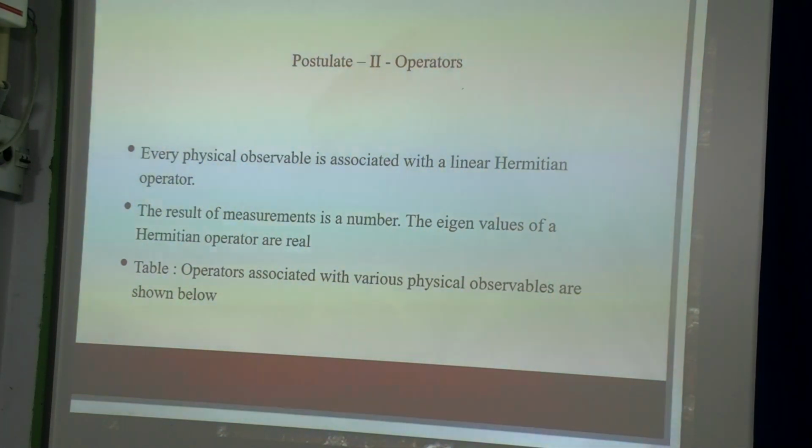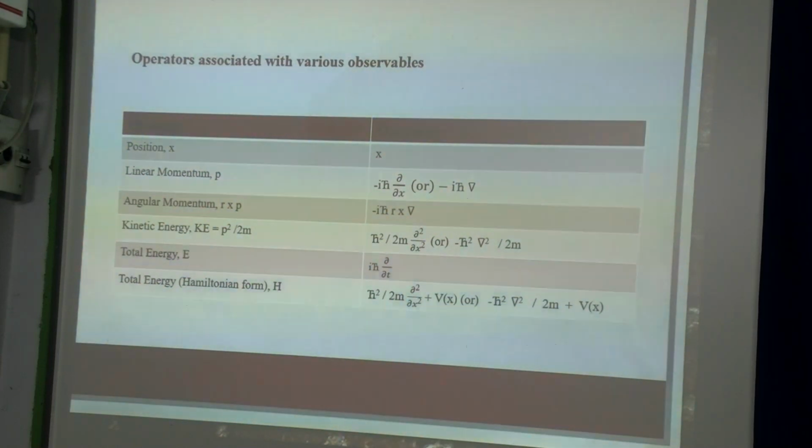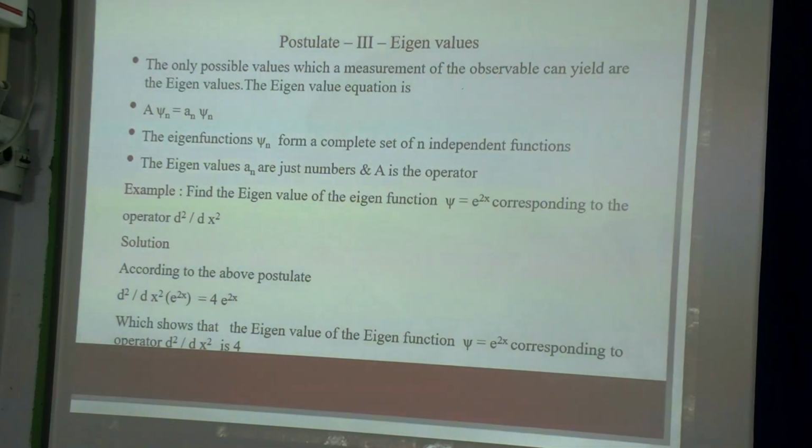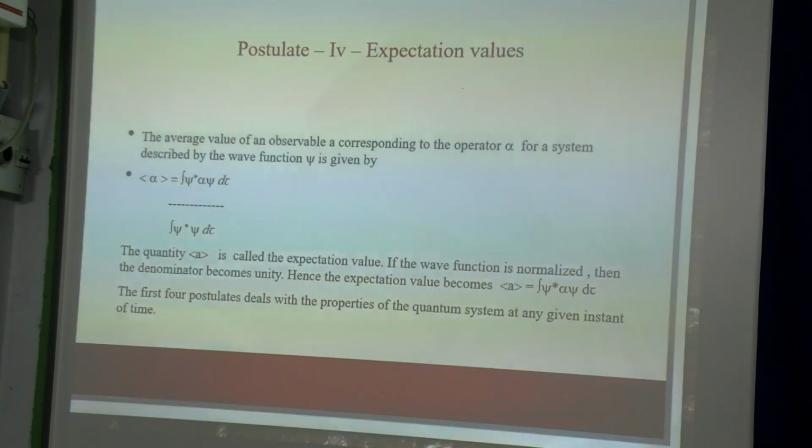It states that every physical observable is associated with a linear Hermitian operator. And the third, postulate 3, eigenvalues, which states that the only possible values which a measurement of the observable can yield are the eigenvalues. And next, expectation. Postulate 4 is concerned with the expectation values.